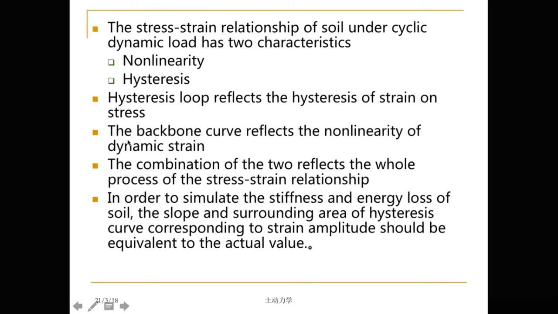And the backbone curve reflects the nonlinearity of dynamic strain.